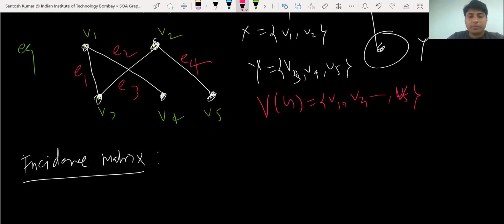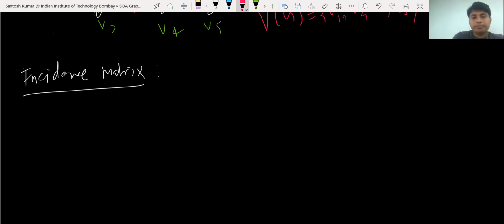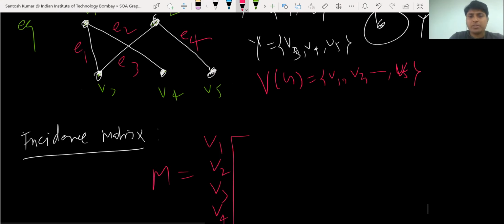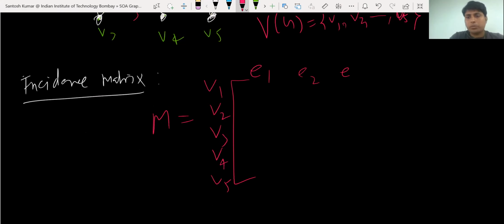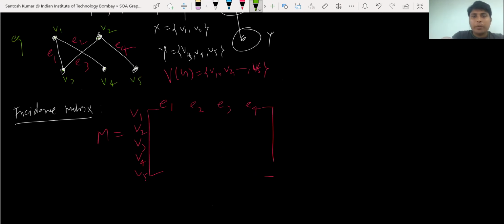There are 5 vertices and 4 edges. We denote it by M. So it has V1, V2, V3, V4, V5, 5 vertices, and 4 edges, E1, E2, E3, E4. Okay, we just have to see how many times vertex V1 is incident with E1.